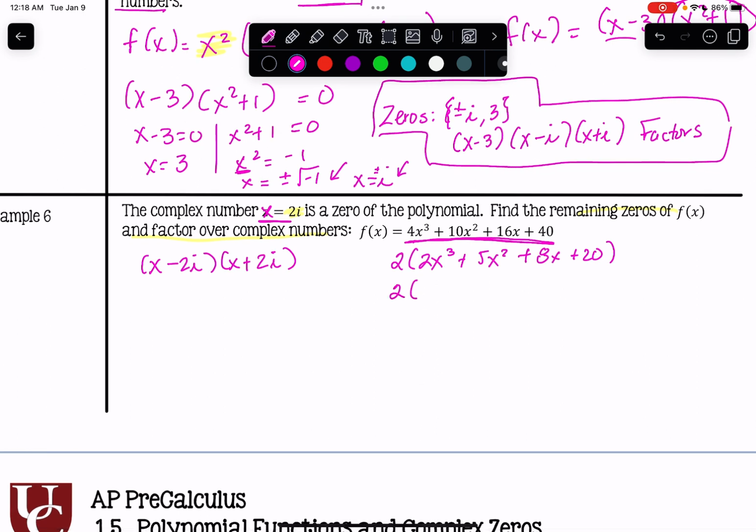So it'd be 2, and then I have x squared, and if I take an x squared out, I get a 2x plus 5. And I want a 2x plus 5 over on this side, because I'm doing it by grouping. So if I take out a 4, I get 2x plus 5. All right, so I have a 2, and then I have 2x plus 5, and then I have x squared plus 4.